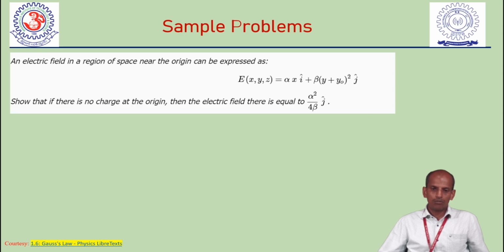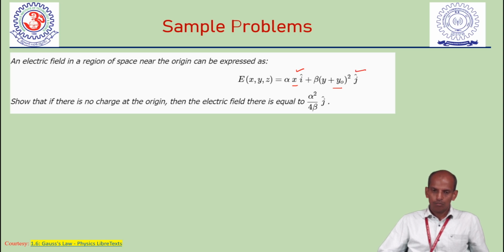I have one problem here. An electric field in a region of space near the origin is given as E as a function of x, y, z equal to alpha x i plus beta times (y plus y naught) whole squared j cap. As you can see, the electric field is a function of x and y, and two components of the electric field exist, one in the x direction and another in the y direction.